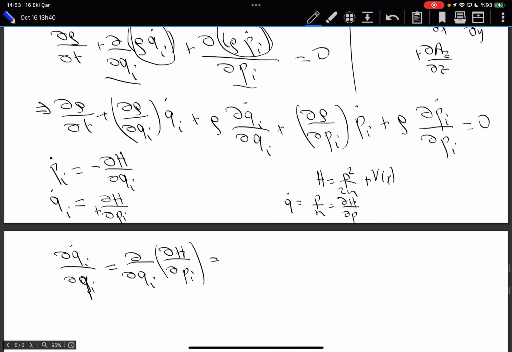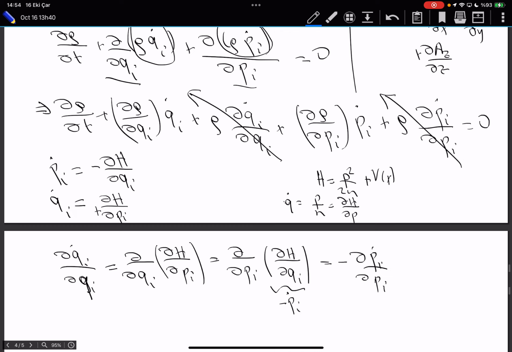This is equal to the derivative with respect to p_i of the derivative of the Hamiltonian with respect to q_i. Well, this is just minus p_i dot. So this is minus the derivative of p_i dot with respect to p_i. So this term and this term, they cancel. One is the minus of the other one.